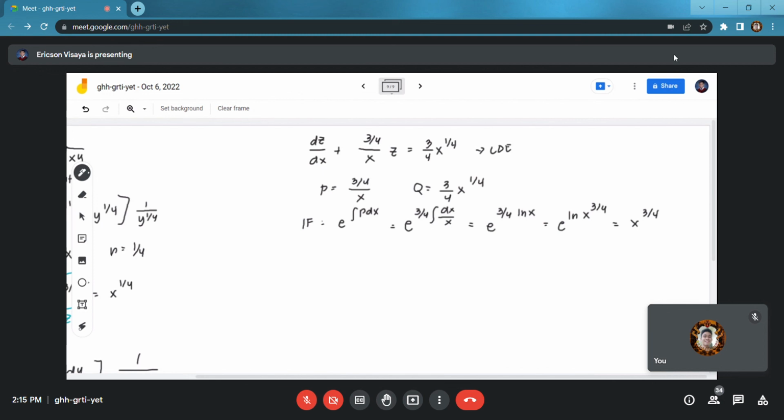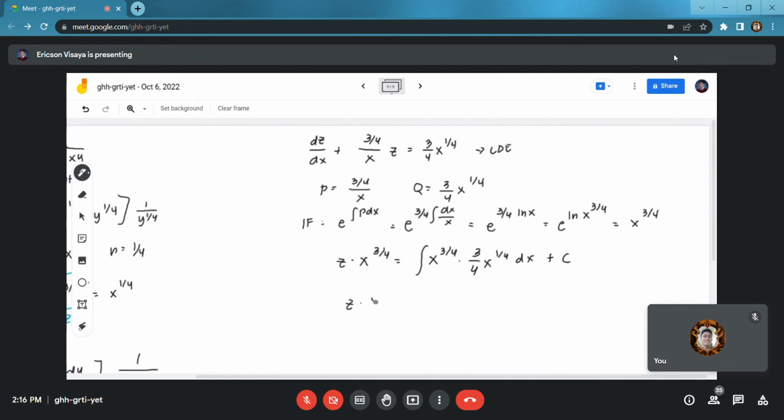Okay, nakuha na natin integrating factor. Then, step 2. Meron tayong independent variable z. Z times integrating factor e raised to the integral p dx, which is equal to x raised to 3/4, is equal to the integral of yung ating integrating factor, that is x raised to 3/4, times ang ating q, which is 3/4 x raised to 1/4 dx plus c. So, x raised to 3/4 times x raised to 1/4, yan ay x lang.